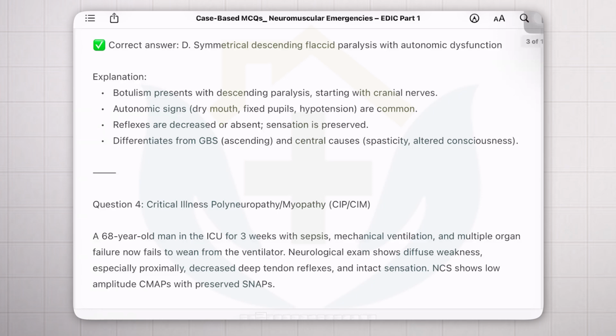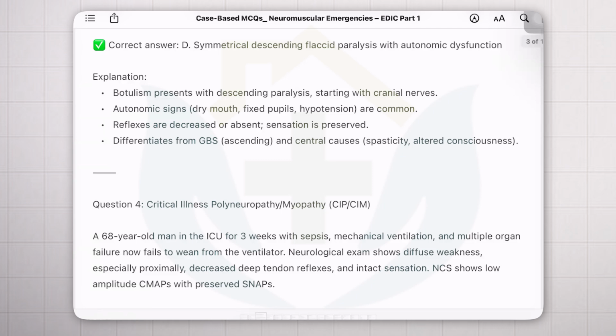paralysis. The autonomic signs like dry mouth, fixed pupils, hypotension are pretty common. Reflexes are either absent or very decreased. Sensation, that is cutaneous, the dorsal column, is usually preserved. The differentiating factors from Guillain-Barré are, number one, the trend of the paralysis, that is ascending paralysis in Guillain-Barré and descending paralysis in botulism, and central causes.